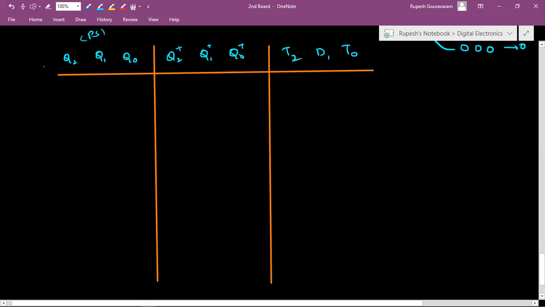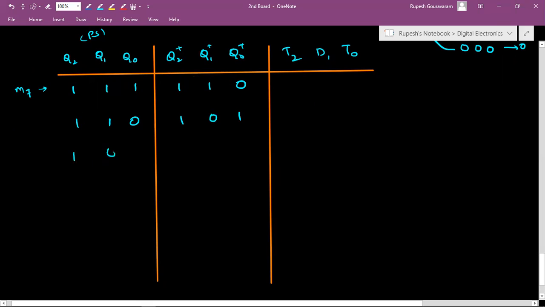Now, if you write from the starting value, that is 111, that is 7. It's also known as M7, minterm 7. So minterm 7 is represented as 111. What is the next value? The next value is 6, that is 110. If 6 is the present value, the next value will be 5.